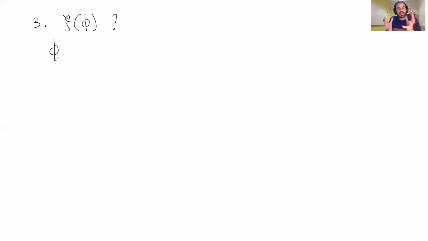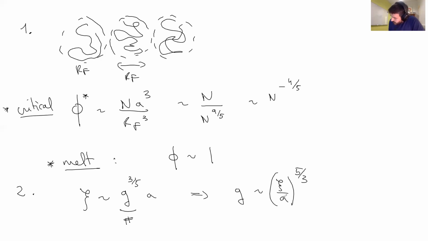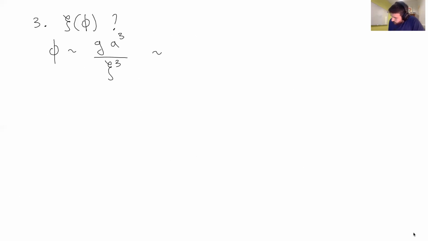And so inside the blob, you have how many monomers? You have G monomers, all having a volume A cube, and it's a volume fraction. So you would like to divide by the size to the cube of the blob. So this is the volume fraction inside the blob, and since it's repeated, it's the volume fraction inside the solution at any concentration. All right, so you can write that, and you can remember that G is itself provided by Xi over A to the 5/3.